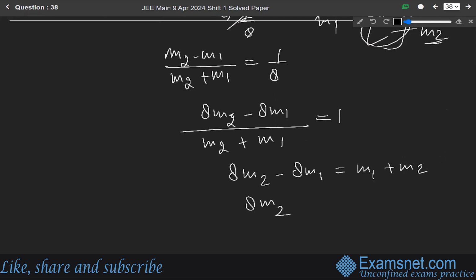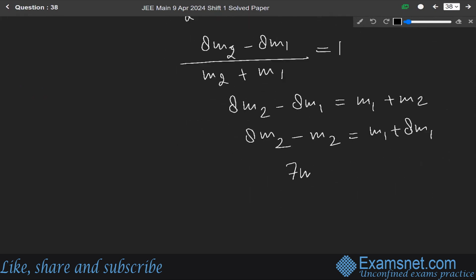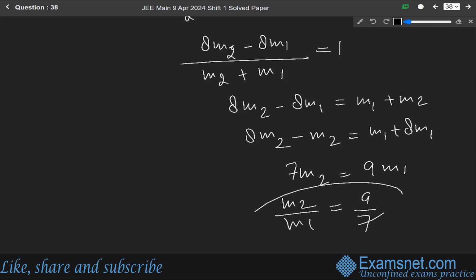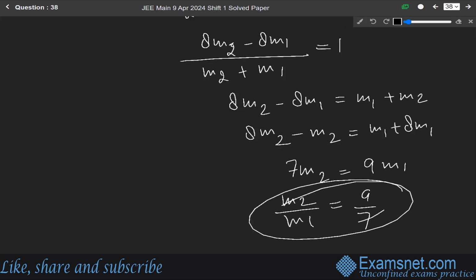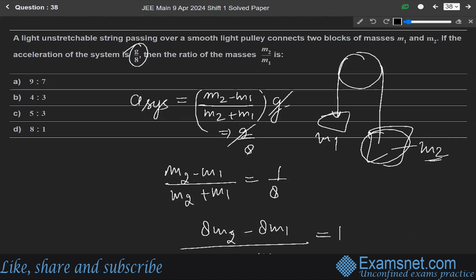So 8m2 minus m2 is equal to m1 plus 8m1. So we get 7m2 equals 9m1, so m2 over m1 is equal to 9 over 7. So the ratio of m2 over m1 is 9:7, means option A is the correct answer.